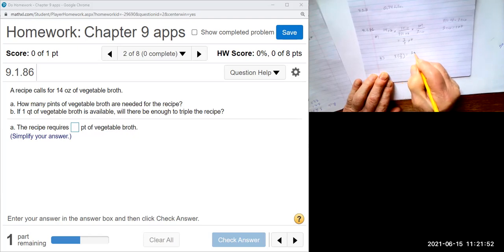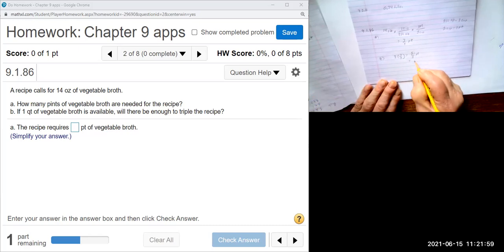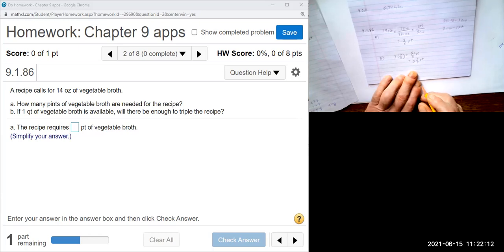So that's 21/8 pints. And if we convert that to a mixed number, 8 into 21 goes twice, and five left over, 5/8 pints. So if we triple, we need this much quantity, 2 5/8.